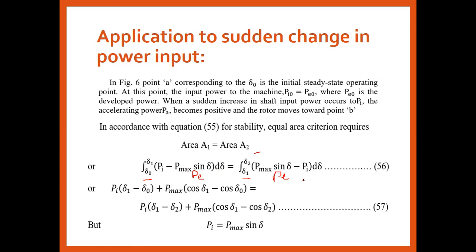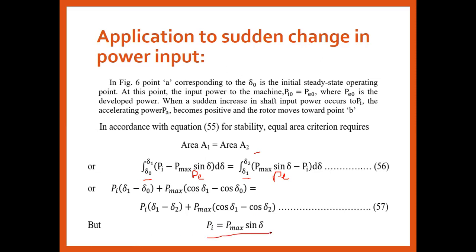By simplification and integration, we can say that Pi into (delta 1 minus delta 0) plus P max (cos delta 1 minus cos delta 0) is equal to Pi into (delta 1 minus delta 2) plus P max (cos delta 1 minus cos delta 2). But what is Pi?